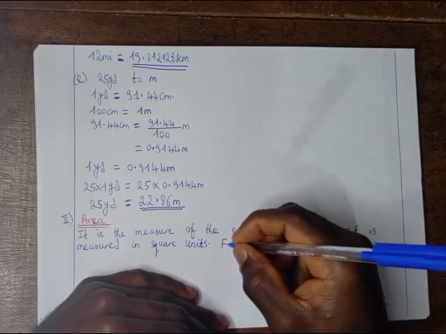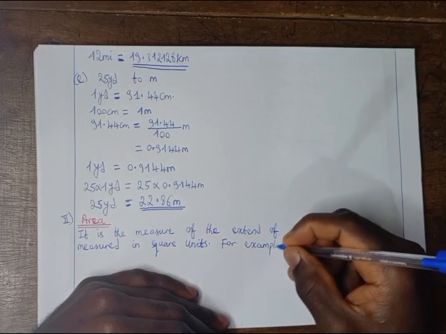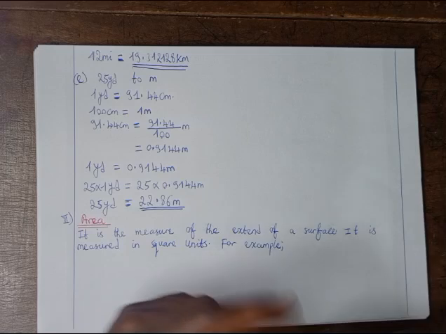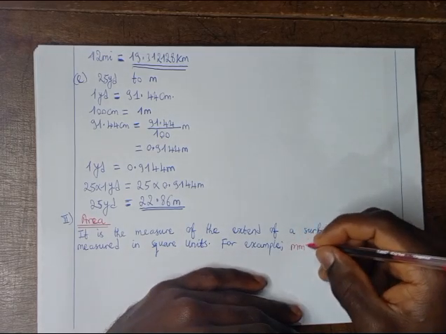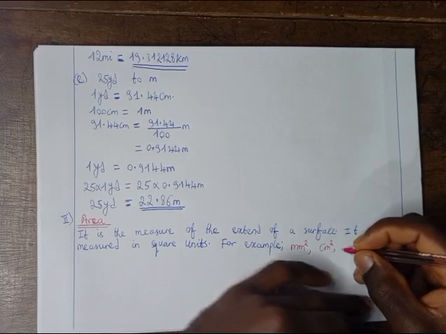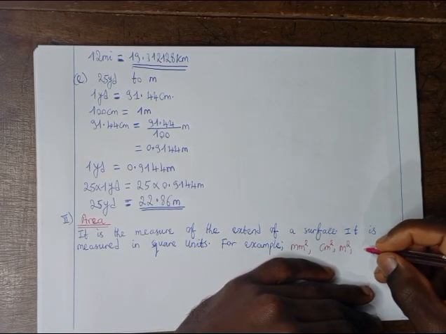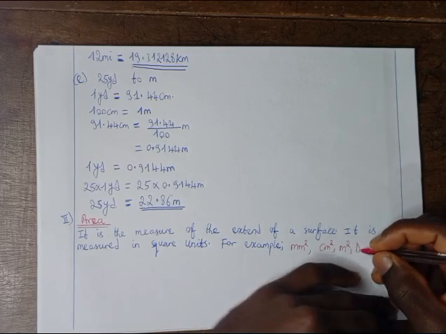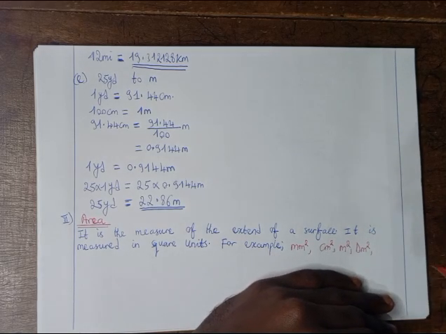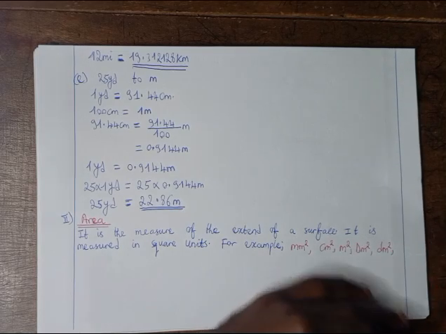For example, if you see any unit for land which is squared, just know it is for area. For example, we have millimeter squared, centimeter squared, meters squared. We have decameter squared. We also have decimeter squared.